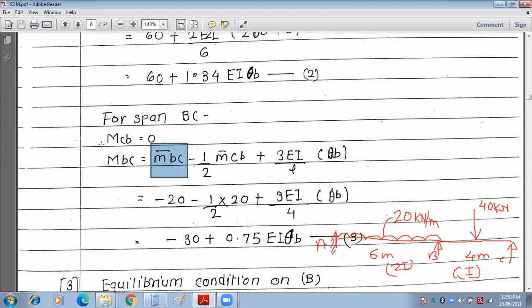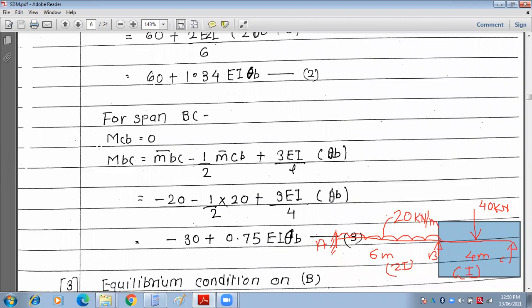Here this is the modified formula, because we are applying it to span BC and the C end is simply supported. As we have seen, if the far end support is simply supported, then we have to use the modified formula. The modified formula says that your moment is equal to fixed moment minus 1/2 of the fixed moment of the other span.